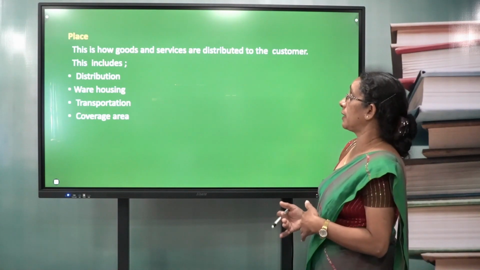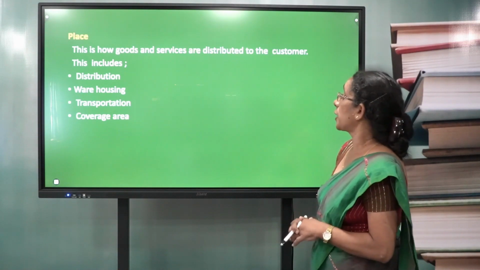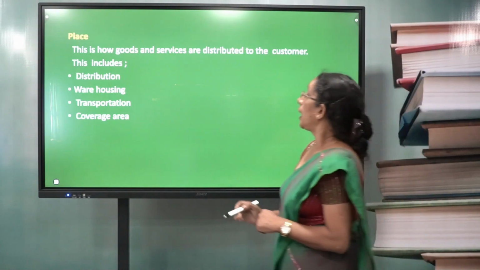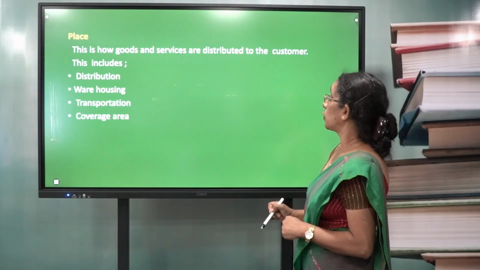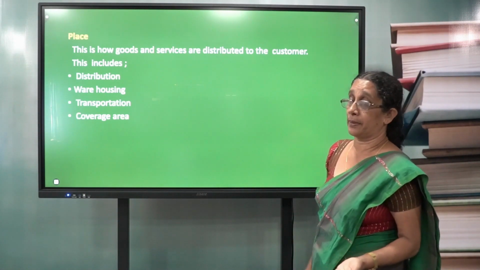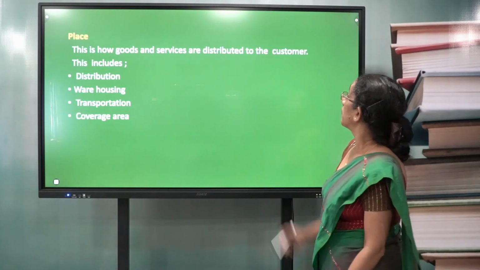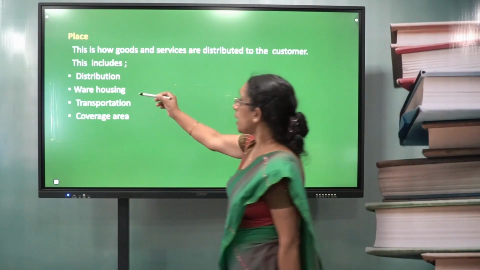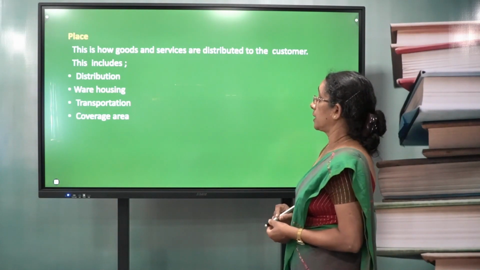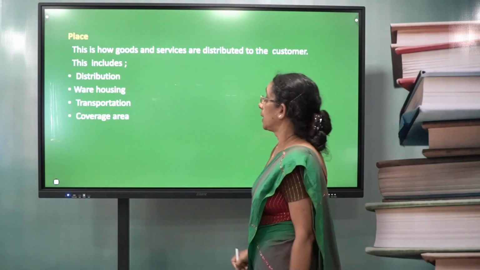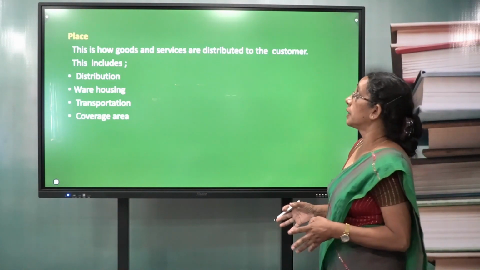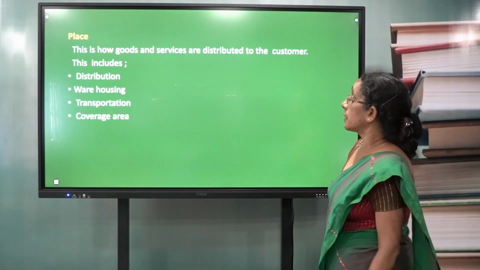Using these methods, businesses always try to distribute the product to the customer in the most convenient locations so that customers try to buy the product because they can buy it easily. They have to store the product and give the product whenever the customer requires, and these should be transported in a suitable manner. Coverage area, yes, the areas covered by the business when selling the product.